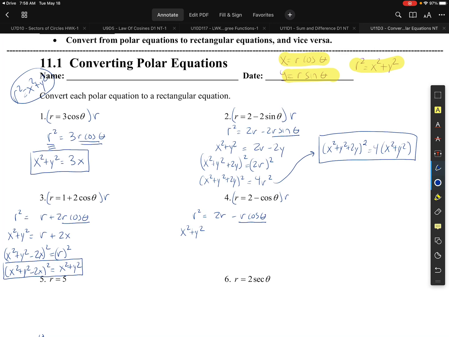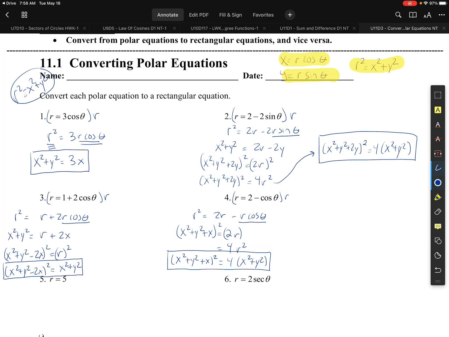So I can add the x over, equals 2r. Square both sides. Here I get 4r squared, which gives me 4 times x squared plus y squared, equals x squared plus y squared plus x, quantity squared. And there's my rectangular coordinate equation.